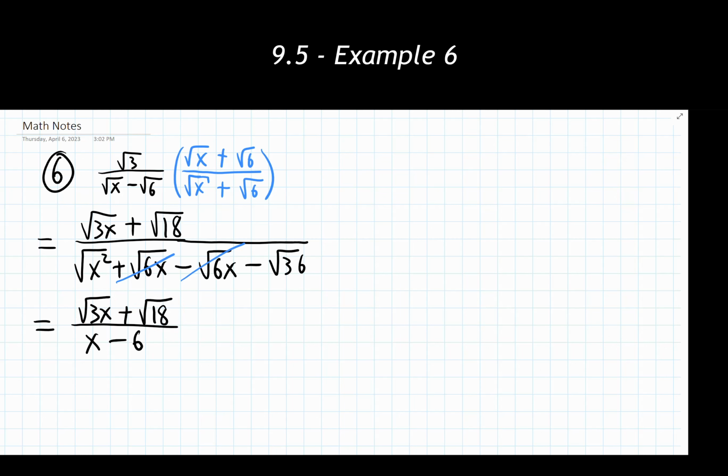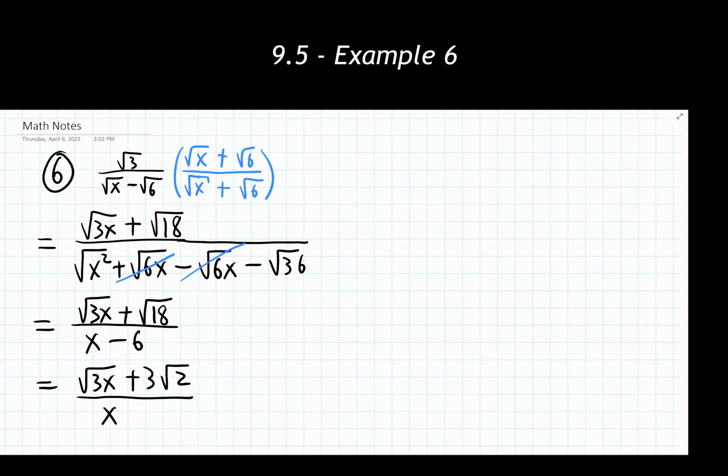I can't do anything with this first one. Neither of those are perfect squares. But I can do something with the square root of 18. I could take the prime factorization of 18 and then see what happens from there and if I can cancel anything out. Turns out that when we do that, we're going to end up getting a perfect square of 3's. So when I simplify that down, I'm going to have a 3 out front times the square root of 2.